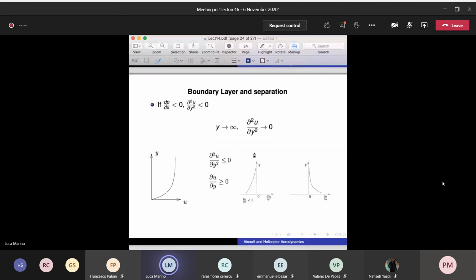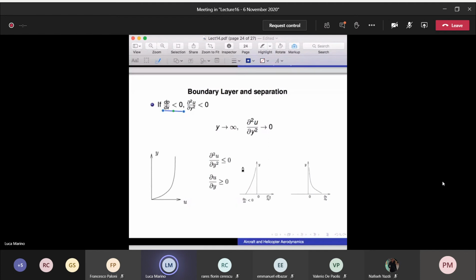With the presence of the boundary layer, we can immediately understand the effect of the external pressure gradient. If the pressure gradient is favorable, this means that dP/dX is less than 0. This means that we have a decrease in pressure as we move towards increasing values of X, so we have something that pushes our fluid in the X direction.